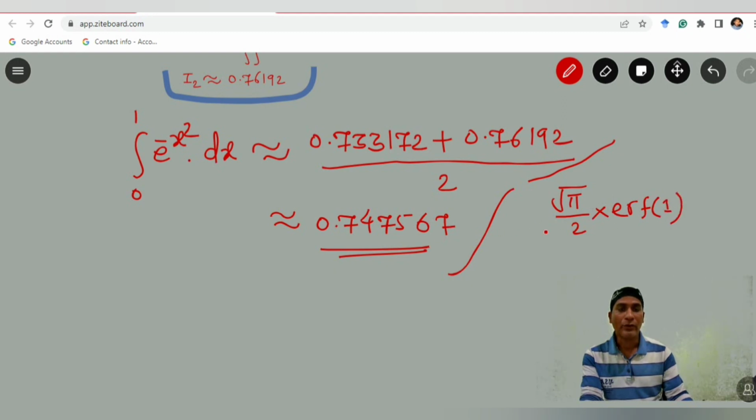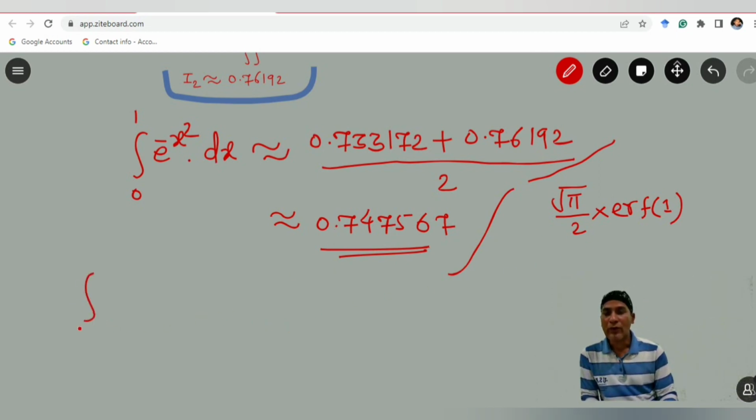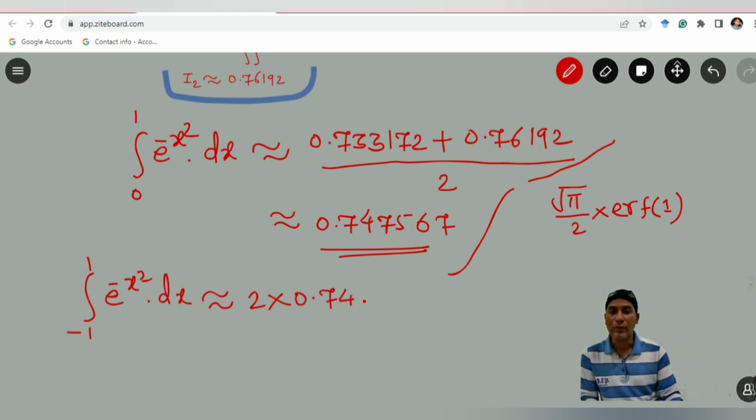You can compare these two values with the help of a calculator. And if you want this integral from minus 1 to 1, then you simply multiply this number by 2 due to the symmetry of the curve e power negative x square about the y-axis. So it is 2 into 0.747567.